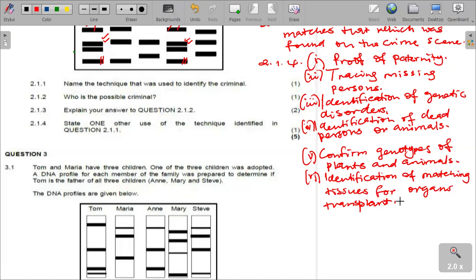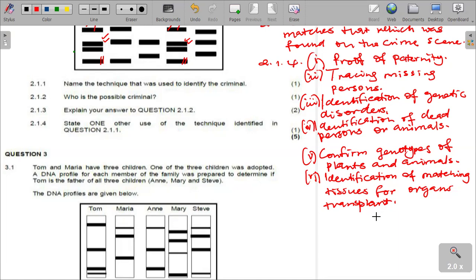I can see you understand that organ transplant is also done in hospitals, in the medical field. So in order to identify the ones which are matching, there is need for DNA profiling to be used in that respect.